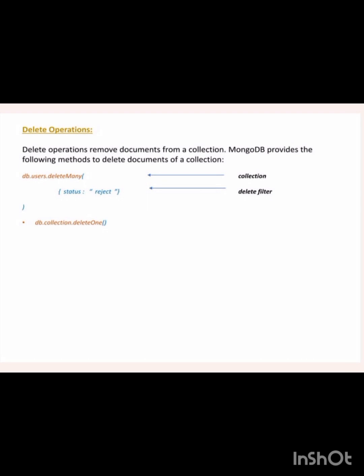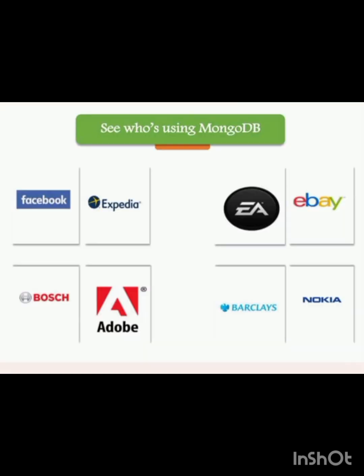And these are all about the CRUD operations, the overview for CRUD operations. So this is the list of companies using MongoDB. MongoDB has cultivated a reputation as a versatile and flexible database and is currently used today as a backend data store of many high-profile businesses and organizations such as Forbes, Facebook, Google, IBM, Twitter, and many more.